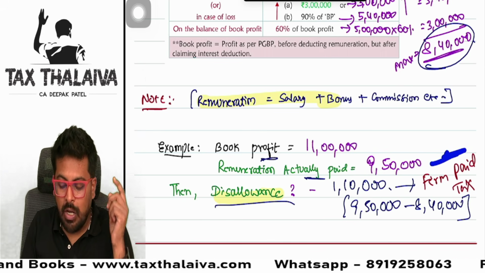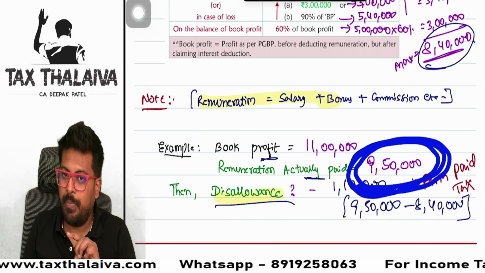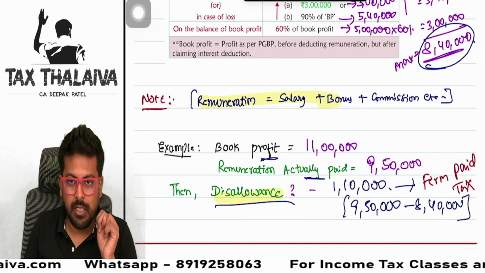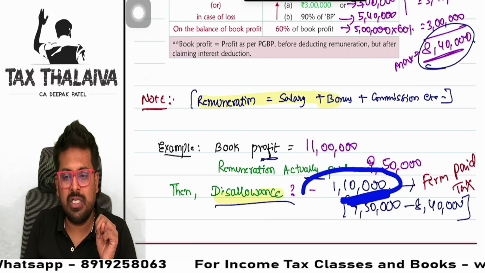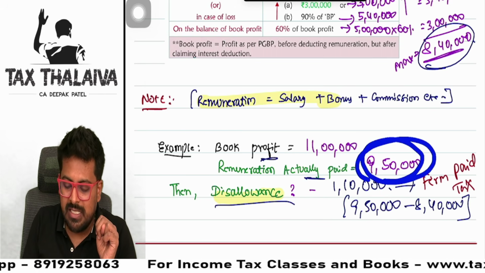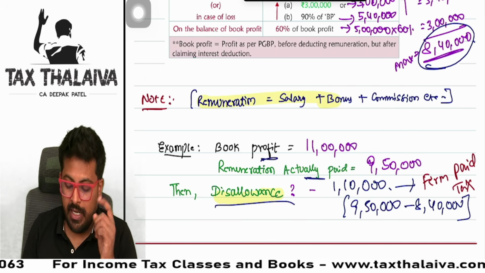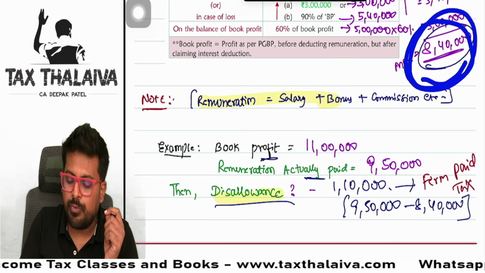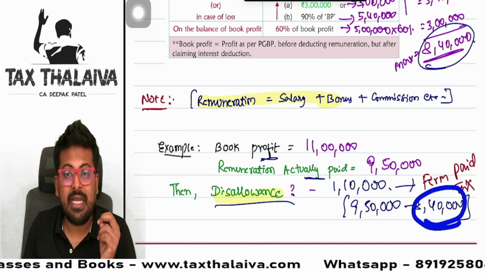PGBP head. Now, if 9,50,000 is taxable under PGBP, then it will become double taxation, because here 1,10,000 is getting taxed in the hands of the partnership firm, and this 1,10,000 is nothing but forming part of the 9,50,000 only, no. And that's why this 8,40,000, whichever is allowable in the hands of the partnership firm, means the firm is not paying tax on that.